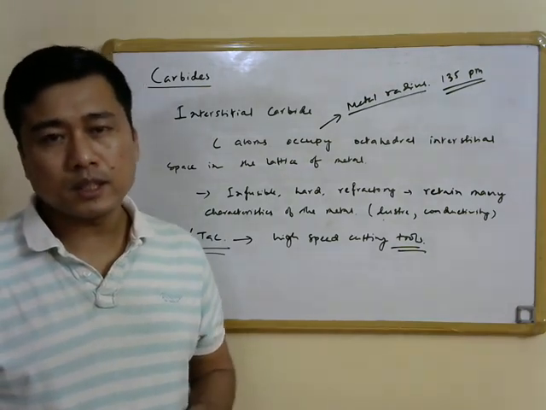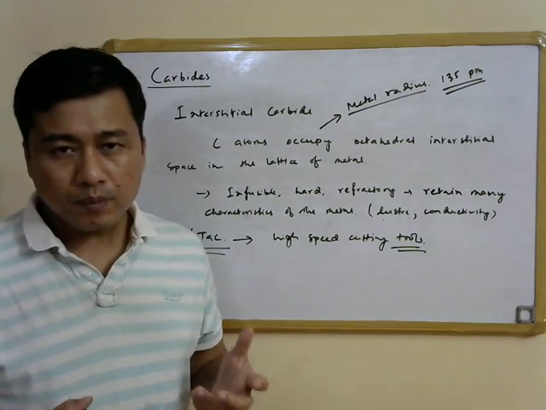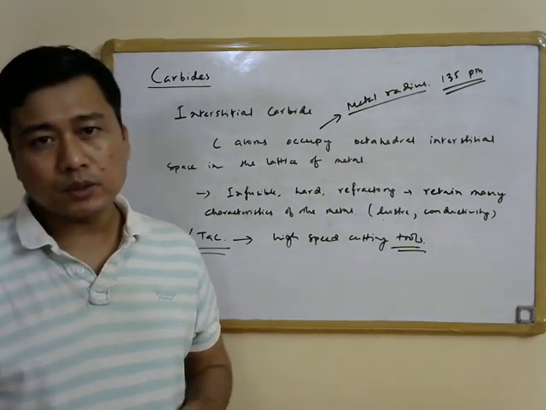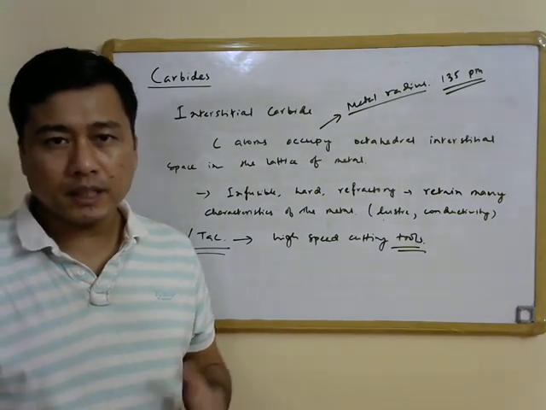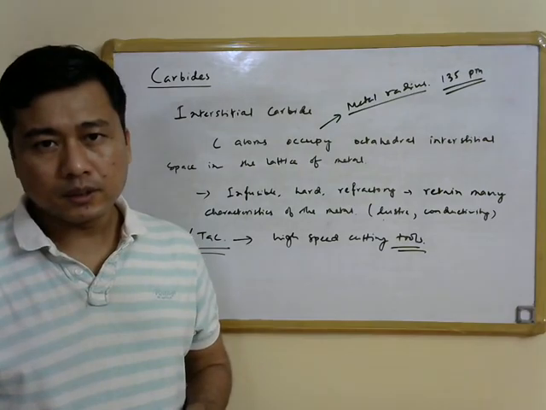Then we have also looked at one of the important applications of calcium carbide, that is, it can fix atmospheric nitrogen and react with it to form calcium cyanamide, which is an important fertilizer used in crops.